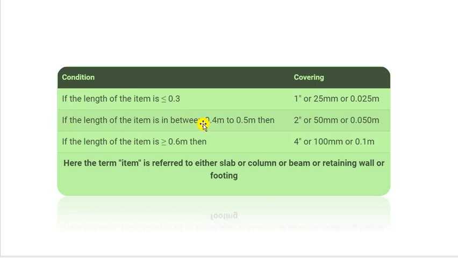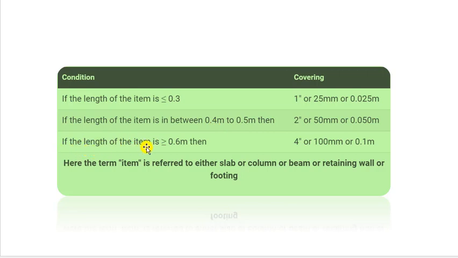So if the length of the component is 0.4 meters to 0.5 meters, then we need to provide 2 inches or 50 millimeters or 0.050 meter concrete cover.